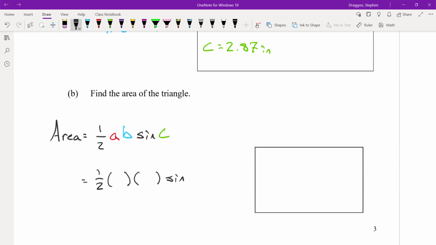So going back up to the top, A was 3.2. Right, that was in our given information. I solved for B. I got that it was 1.80. I'll just simplify to 1.8. And C was 63 degrees.